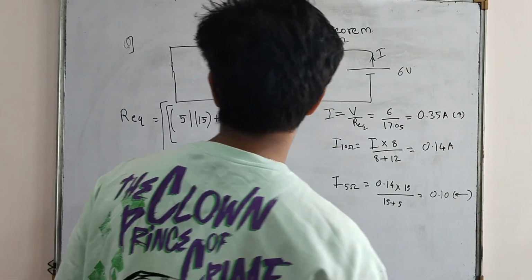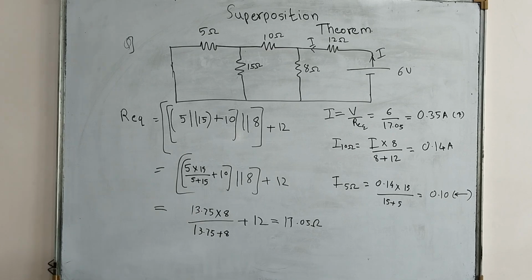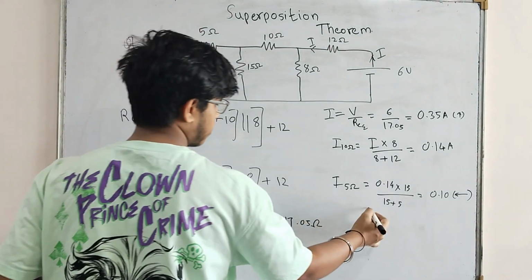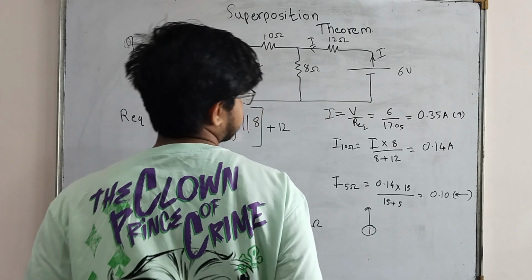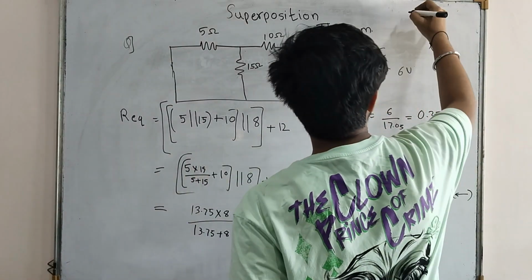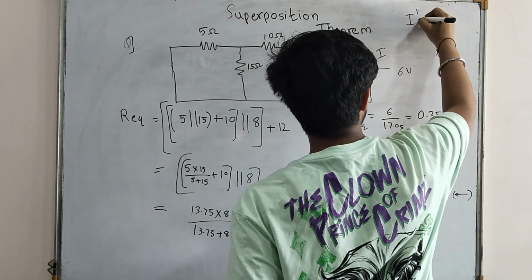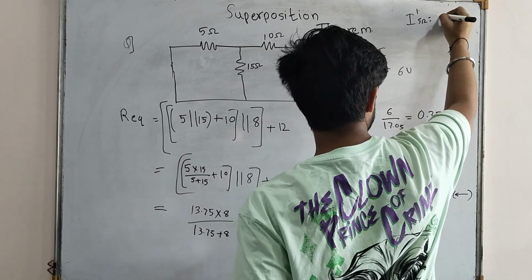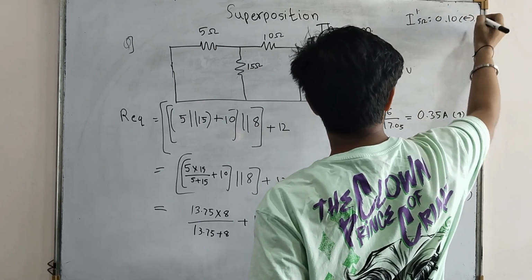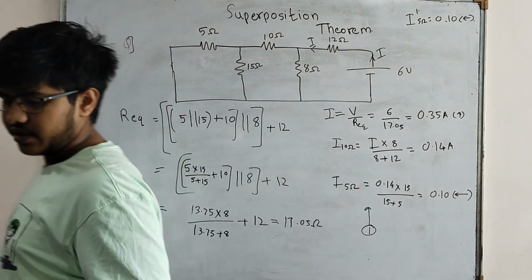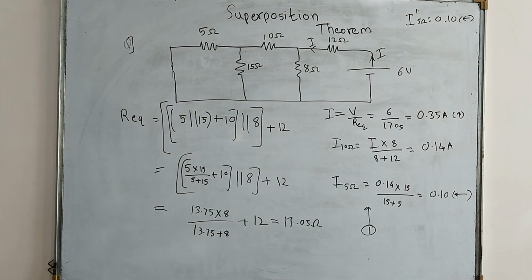Okay, so you can note this. This is from our case 1. I dash of 5 ohm is 0.10, flowing in this direction. Okay, so now let's move towards our case 2. I will rub all this and draw the case 2 diagram.